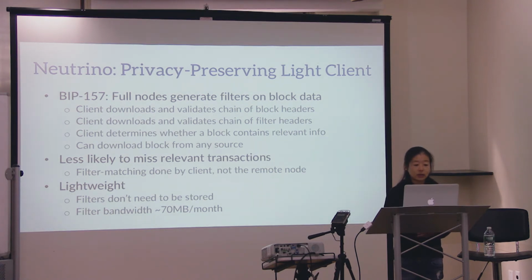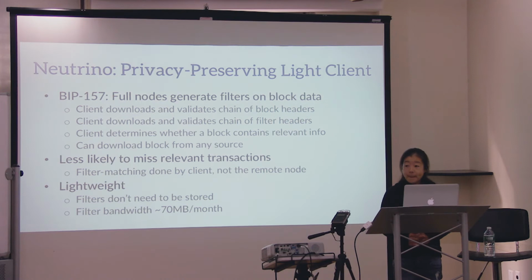The client can download the full blocks from elsewhere through Tor or whatever, and the full nodes that are generating these filters don't need to know anything about what the client is actually interested in. That's why it's considered privacy preserving. And since all the filter matching is done by the client, you're less likely to miss relevant transactions relative to running an SPV or whatever.